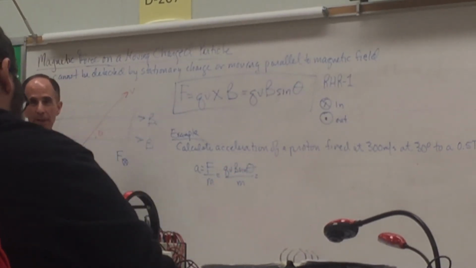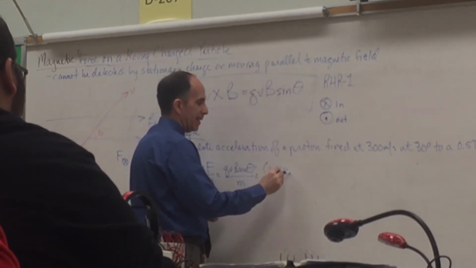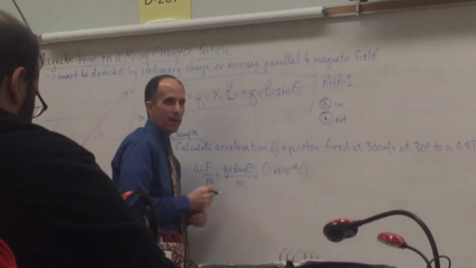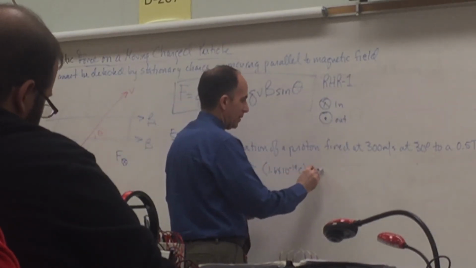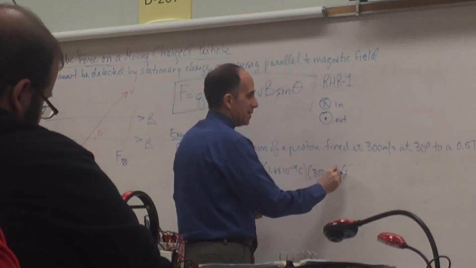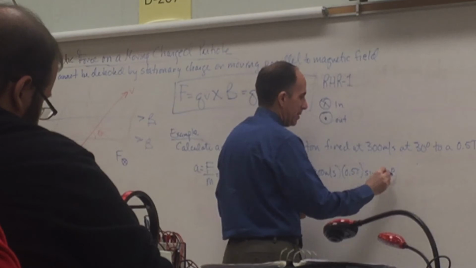It is a proton, and the charge of a proton is 1.6 times 10 to the negative 19 coulombs. The velocity is 300 meters per second. B is 0.5 Tesla. The angle is 30 degrees.